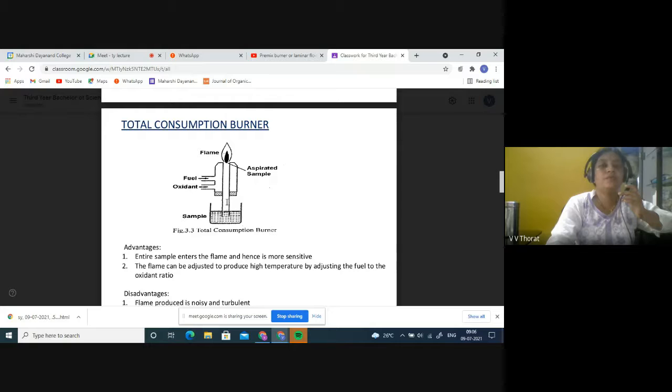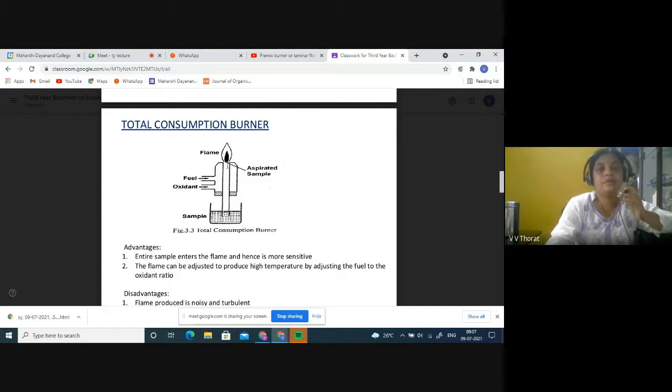Through the center tube, the sample goes and reaches the flame. Through the side tube, fuel. Fuel means usually hydrogen. Oxidant means oxygen, which will light the hydrogen and form a flame at the top.